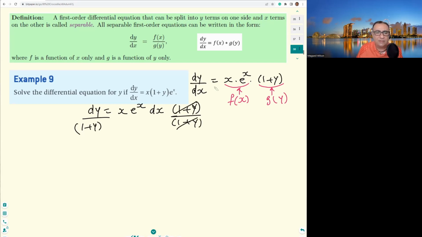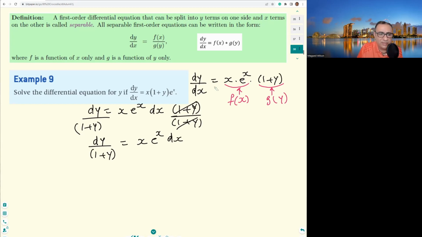I always like to bring things up or down from one side to another, or you can say I multiply or divide by a specific term, just to split both of them. So you will end up with dy over 1 plus y equals x e to the power of x dx, which is good. Now we have x dx and y dy on each side.